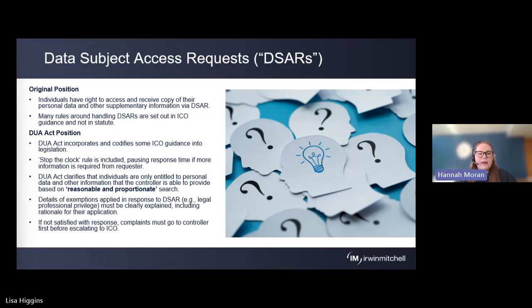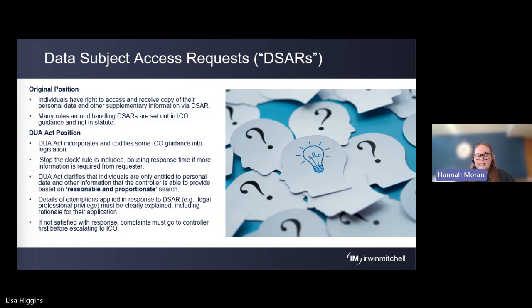So as you're probably aware, under UK GDPR, individuals have the right to access and receive a copy of their personal data and other supplementary information, which is usually found in a privacy notice. This is done by submitting a data subject access request, or a DSAR, to the organisation which holds their personal data.